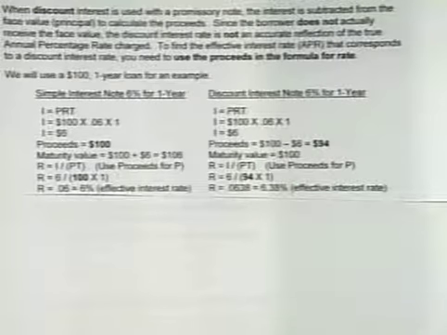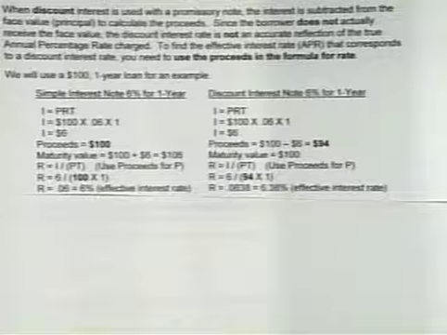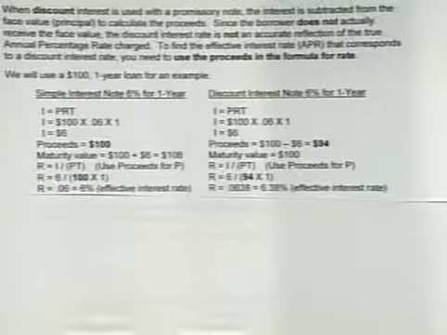So it's really higher than 6%. Anytime you've got discount interest, the APR is higher than the simple interest rate. And does everyone see that one with the $100 and the 6%? Good.